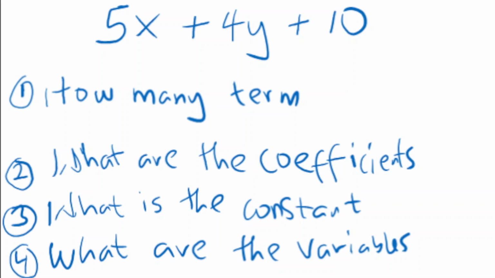So these are the questions for the day. 5x plus 4y plus 10. How many terms? What are the coefficients? What is the constant? And then what are the variables?